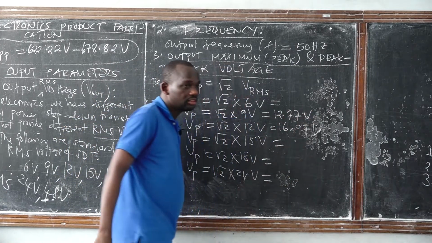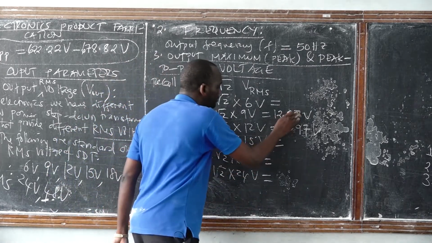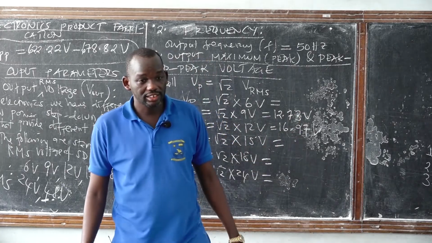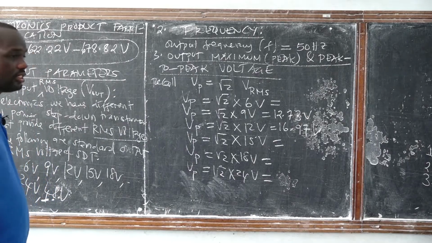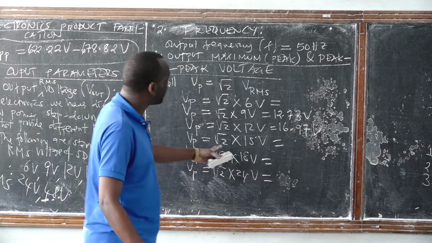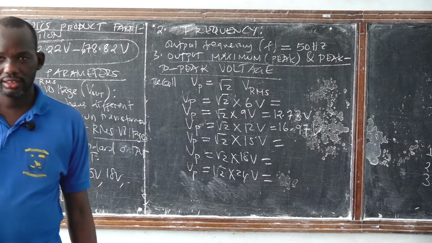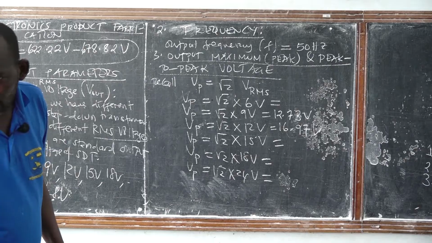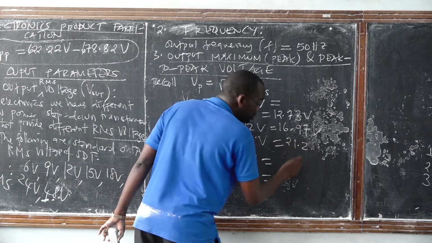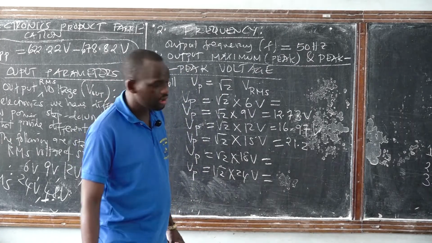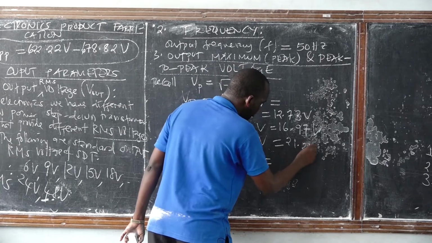12.73 volt. Right? Next, because Jacqueline does not want to mention, this one is square root of 2 times 15 volt. Pili, it is 21.21.